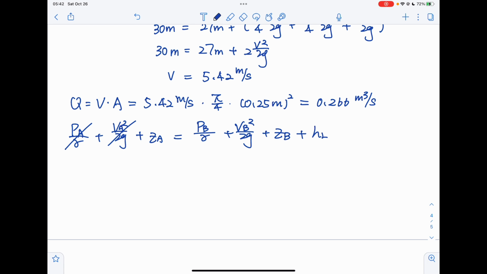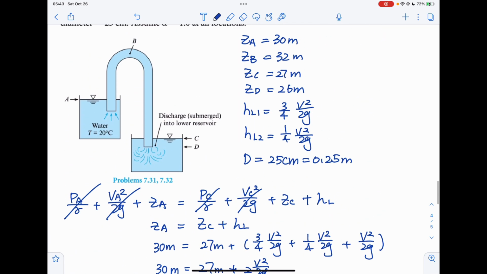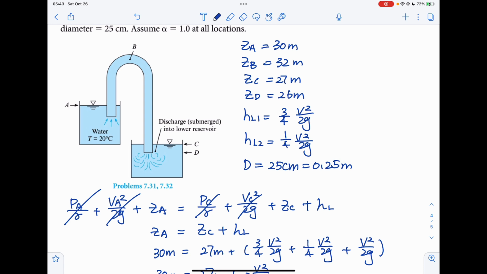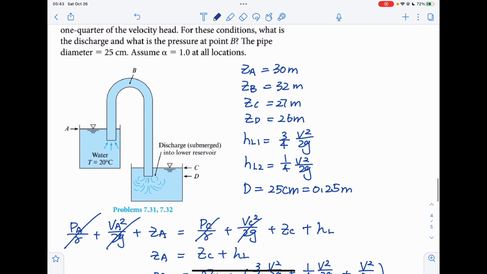The VB is equal to the velocity we found inside the pipe. ZB is given, and the head loss is 0.75 V squared over 2g. Notice here at point B, you still have the velocity head. It was not dissipated at the end of the pipe.